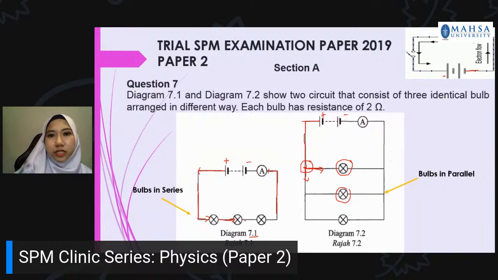If you have a different value of current across each resistor, it means you have a parallel connection. When you have the same value of current across the resistors, then you have a series connection. So diagram 7.1 is a series connection, and diagram 7.2 is a parallel connection.